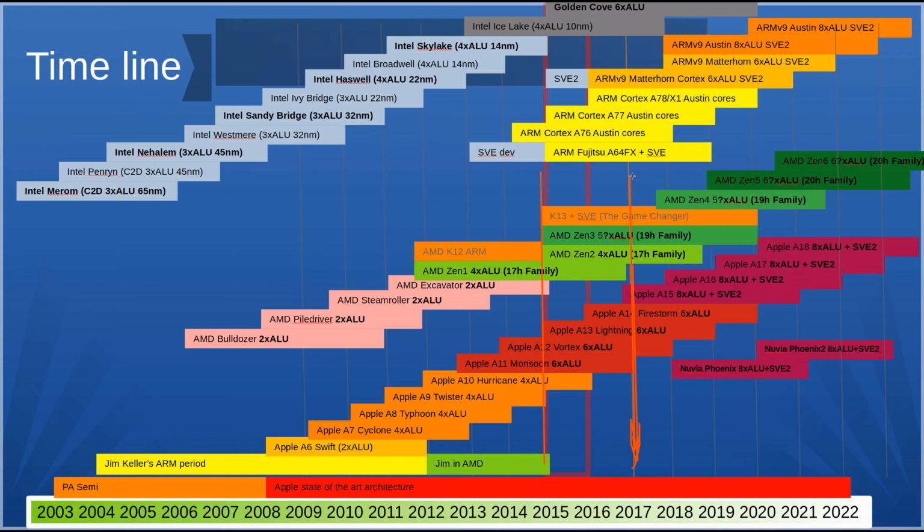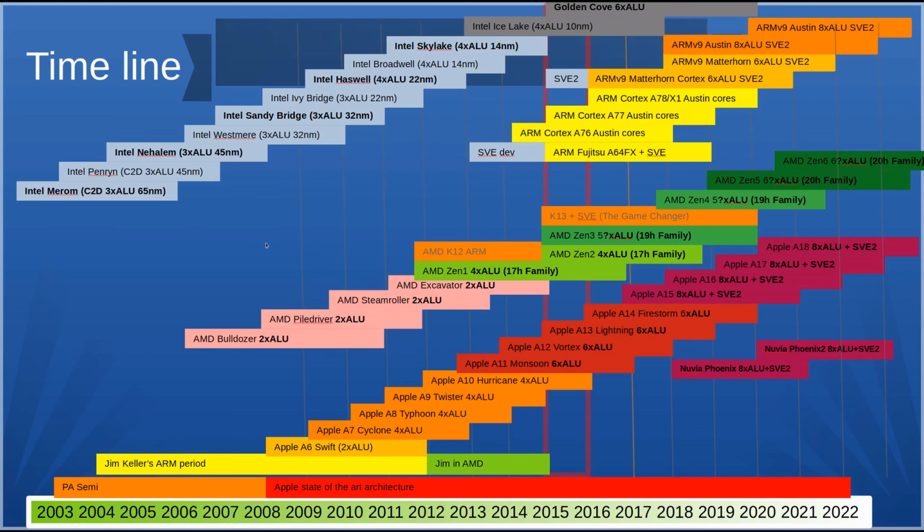So Zen 3 cannot be a reaction to the first 6 ALU CPU architecture in the world, which is Apple's. We are waiting right now for the Apple A14, probably the last generation of the 6 ALU design from Apple, and it's already the 4th generation.